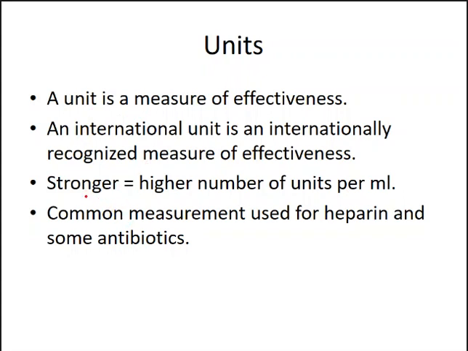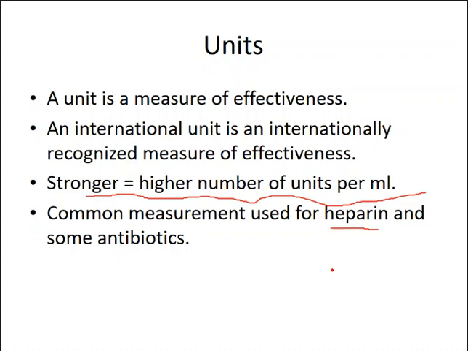So we want to remember, though, stronger equals higher number of units per milliliter, and then just always be super careful when we're working with something like heparin, which comes in units and can vary so much. So we could have something on our back table that is 10 units per ml, and then have 100 units per ml or 1,000 units per ml right there together, and it all looks the same.